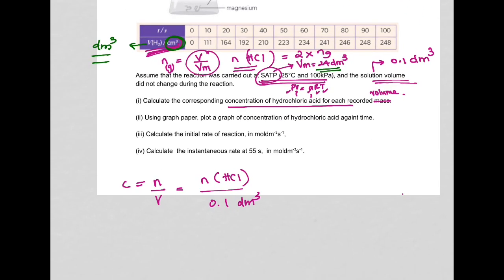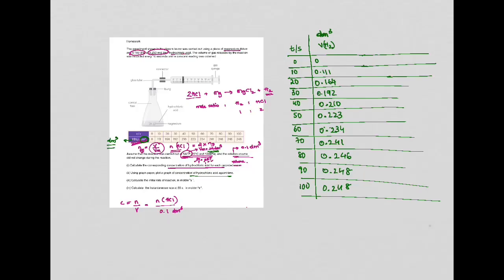And then from the concentration, you will plot a graph. So the way to do it is you have a table, copy this table here. The way to proceed is to have a table where you have the time and you have the volume of hydrogen gas, and I already converted to dm cube.